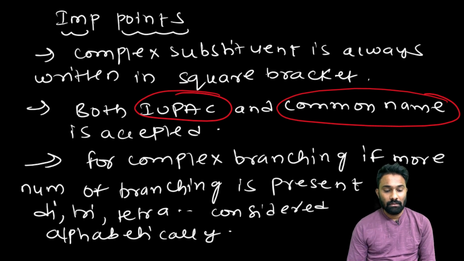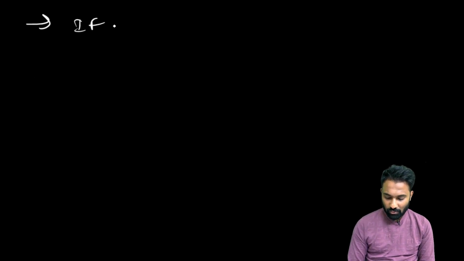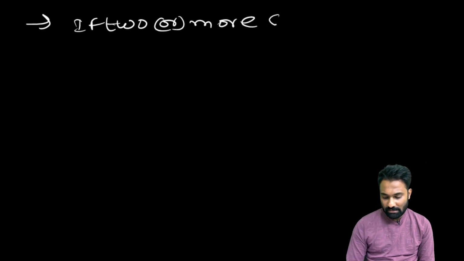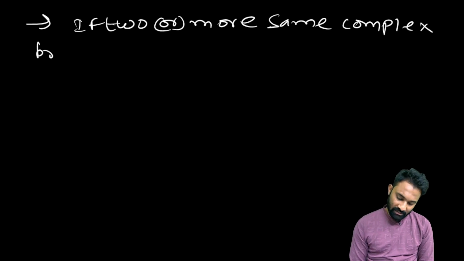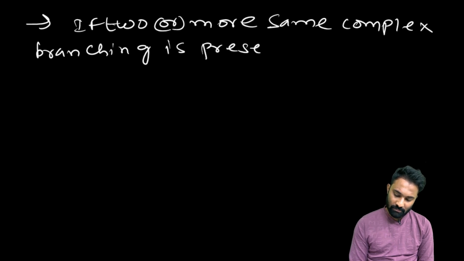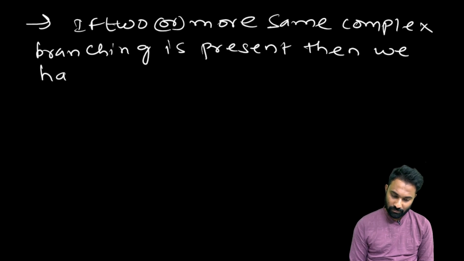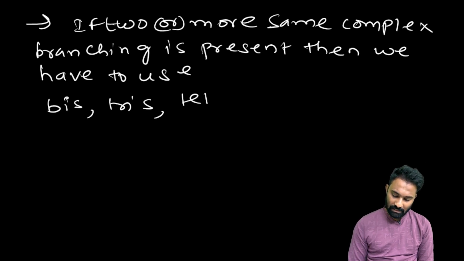Clear? If two or more same complex branching are present, then we have to use, instead of di, bis, tris, and if it is having 4, it is tetrakis.